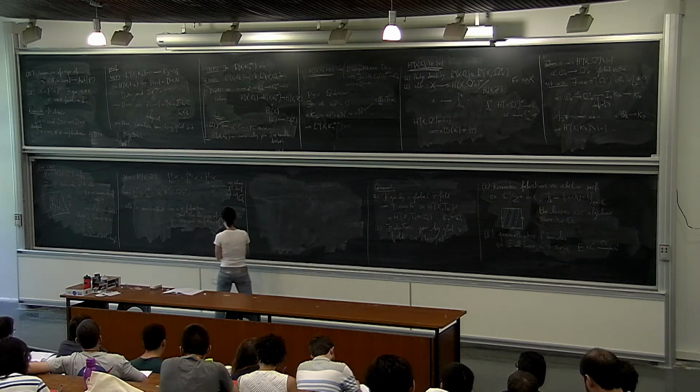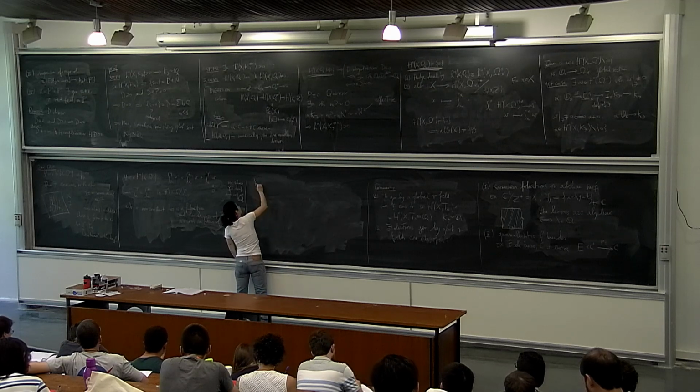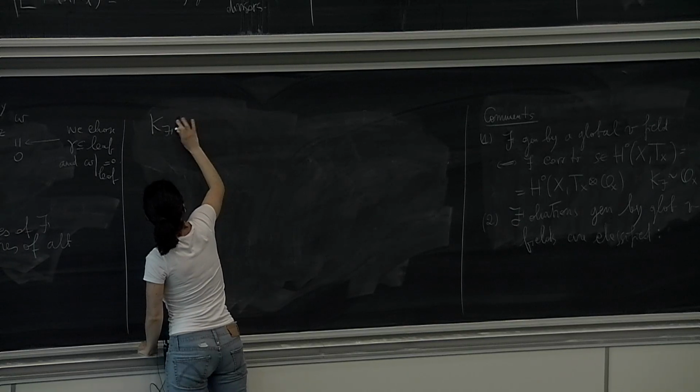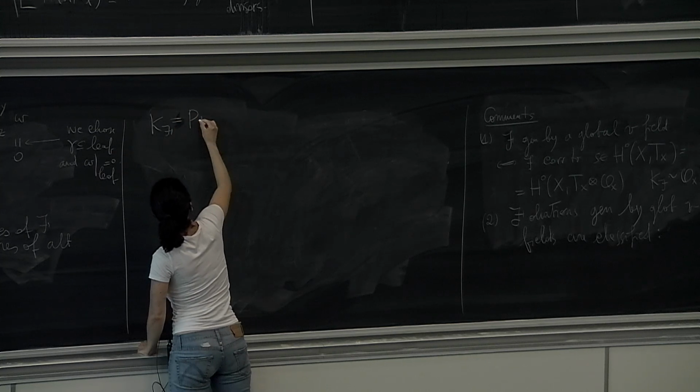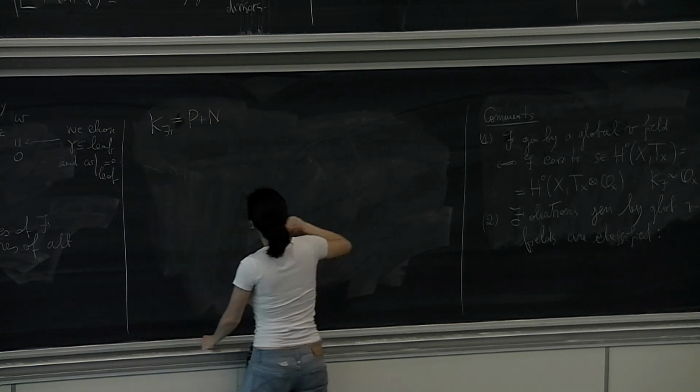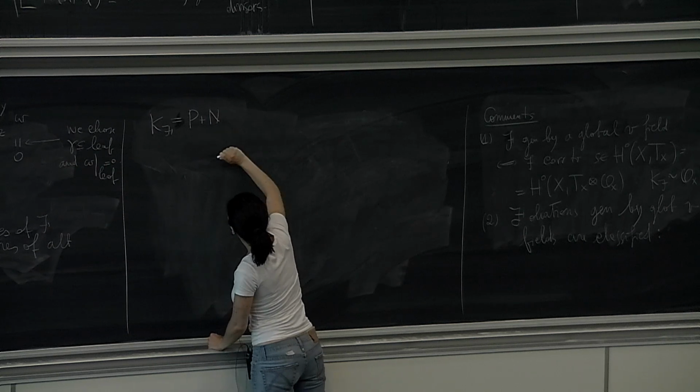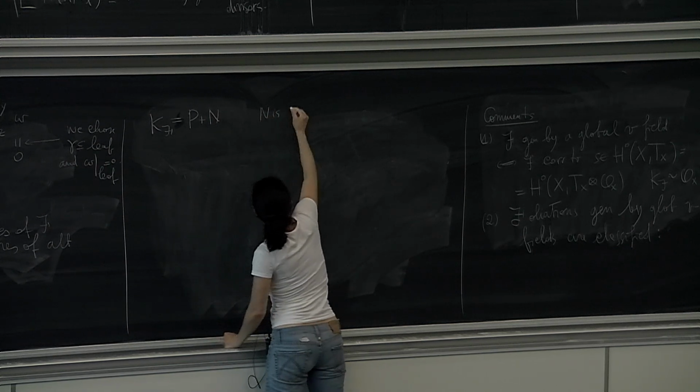So we have this, and we go back to our Zariski decomposition of KF. And yesterday I proved that N is F invariant.